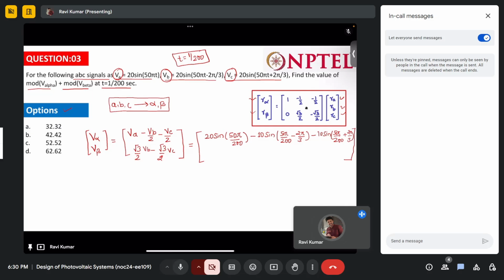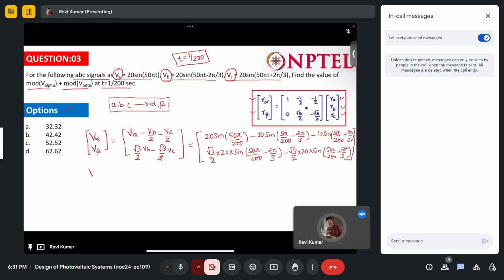Similarly for this V beta, root 3 by 2 into 20 into sine 50 pi by 200 minus 2 pi by 3, minus root 3 by 2 into 20 into sine 50 pi by 200 plus 2 pi by 3.